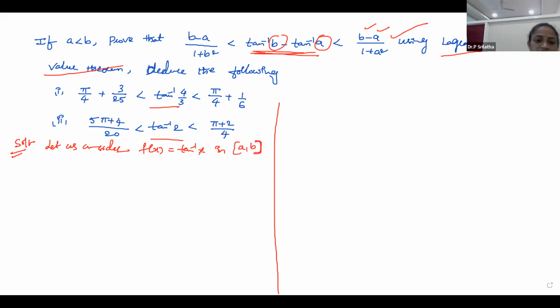So consider the function f of x equal to tan inverse x in the closed interval a comma b, and it satisfies LMVT, Lagrange's mean value theorem. It satisfies Lagrange's mean value theorem, which means it is differentiable and continuous. According to our first condition, f of x is differentiable. Where will it be differentiable?